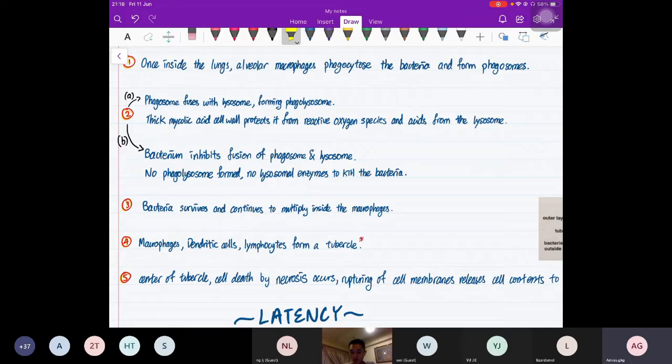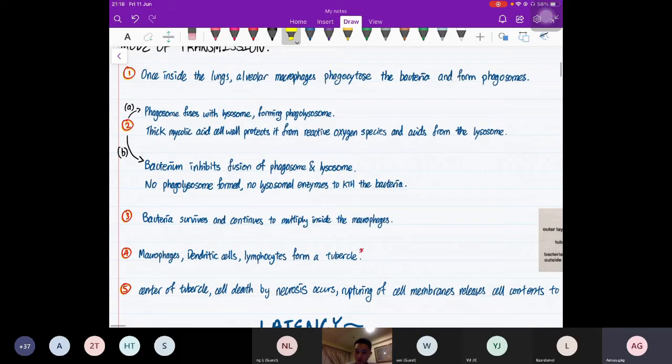If you are unsure about the process of phagocytosis, go back to the top and familiarize yourself with it. So it goes in the phagosome. The next step of phagocytosis is it has to fuse with a lysosome to form a phagolysosome.